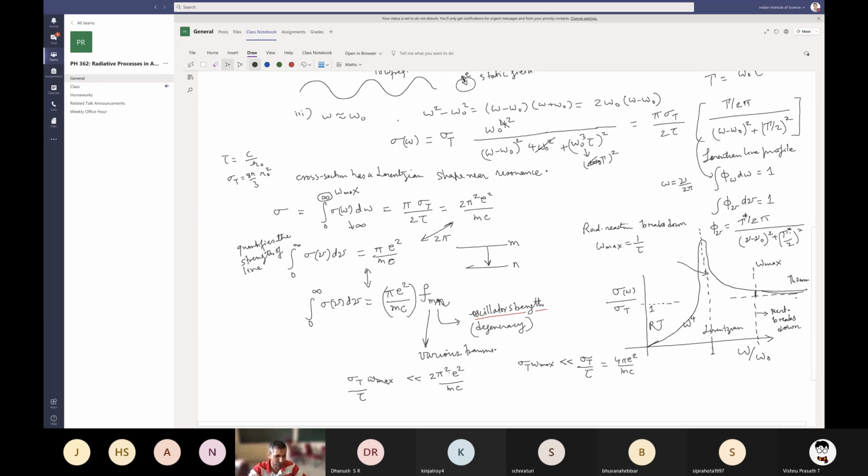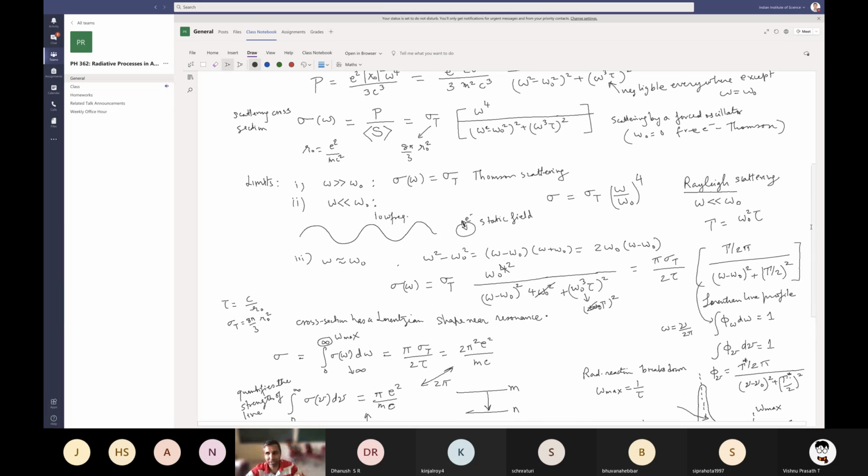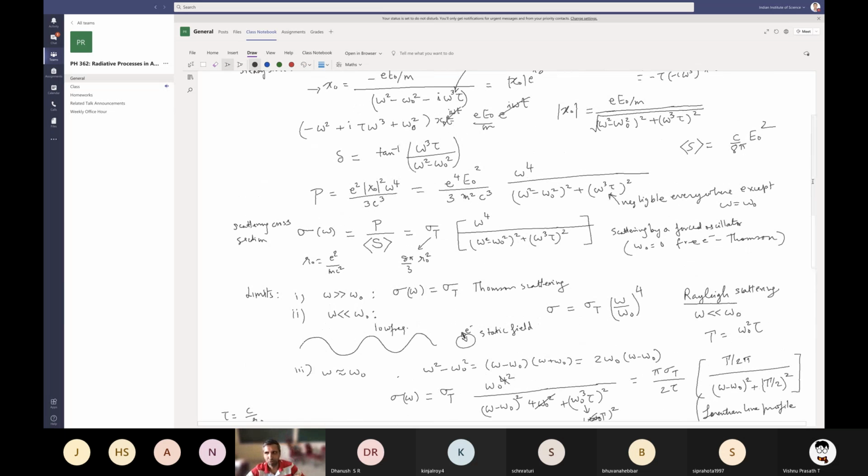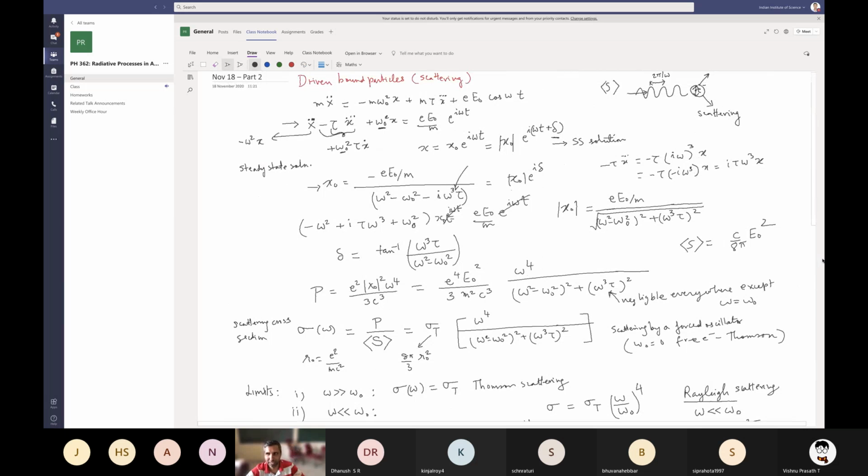So, okay, this is sort of concluding this class, but the important things to take away are that we constructed this classical model for formation of lines, which gives rise to a Lorentzian, and that's the standard harmonic oscillator model. We then also considered a driven harmonic oscillator model for scattering.